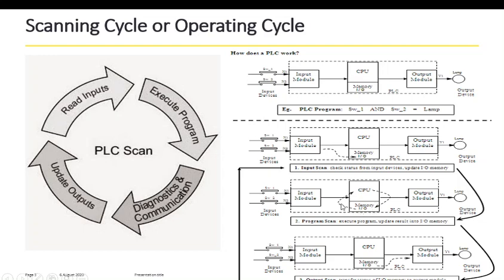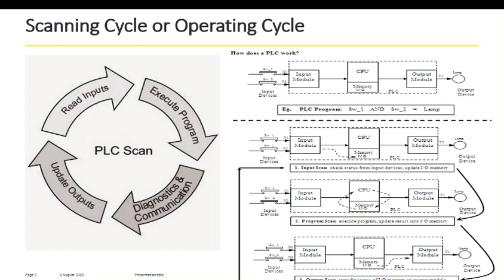Okay, so as it is shown, it will read the IO memory status, it will process these inputs, and it will update the output memory. Okay, so the status of this output memory will be read by the output module in the next stage. So in this program scan stage, we just read the input memory status, we execute the program, and we give the output status in the output memory.